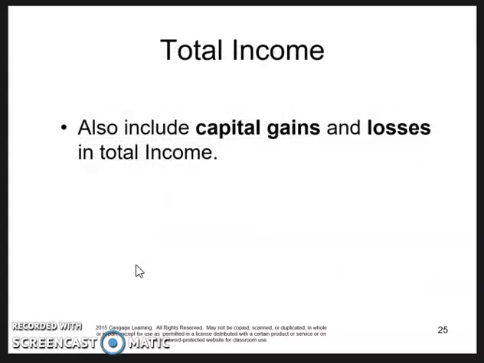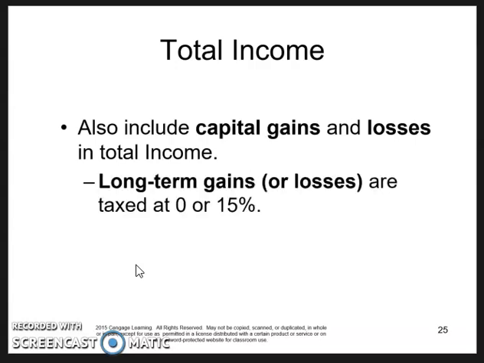The total income also includes capital gains and losses. So this is actually not correct. If you'll refer to the Putnam sheet that I posted in Canvas, it's actually 0, 15, or 20%, and those are income based.